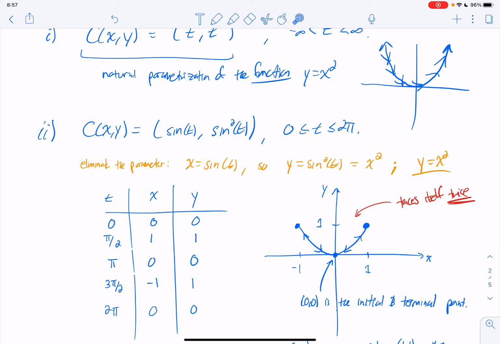Because sometimes it traces over itself once, sometimes twice, sometimes an infinite number of times. And as we move forward, examples like sine and cosine with changed periods or changed domains and what these look like are going to be the important examples that we're going to need to import and use later on in this chapter when we talk about polar curves.